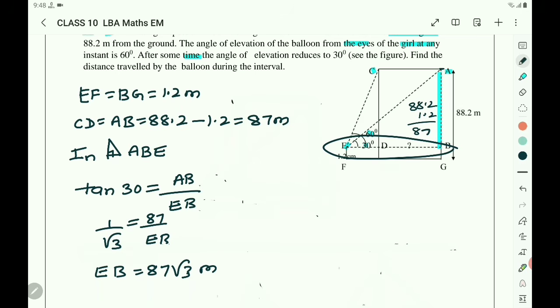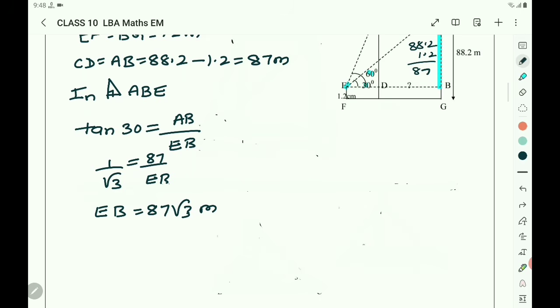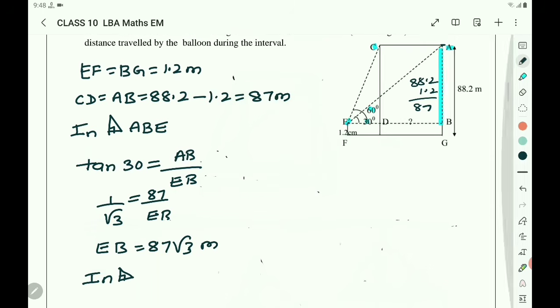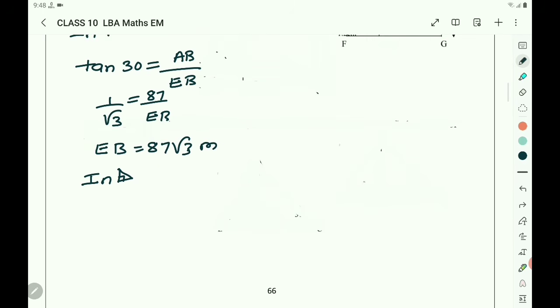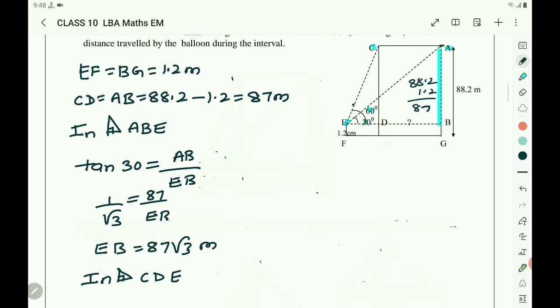You got this length. Next you get this length by using the right angle triangle CDE. For this 60 degree, CD is the opposite side and ED is the adjacent side.